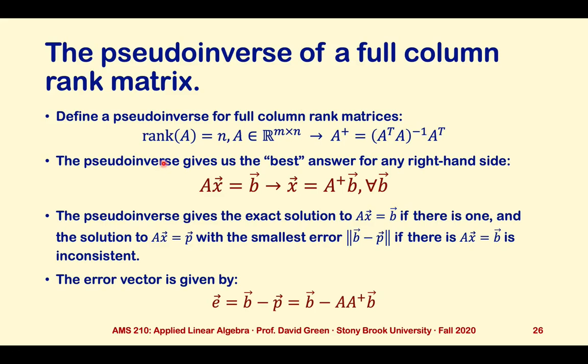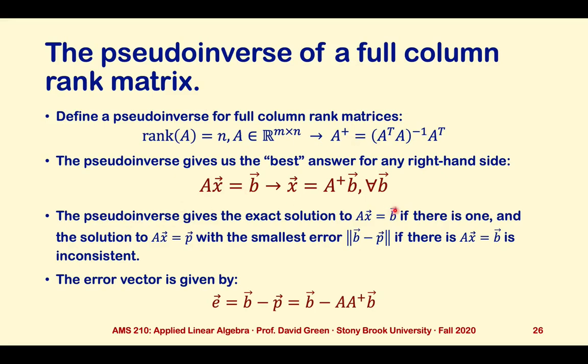And this pseudo-inverse will always give us the best answer, for a certain definition of best, for any right-hand side. Ax equals b can always be solved with x equals A plus b for any right-hand side, as long as A is full column rank.